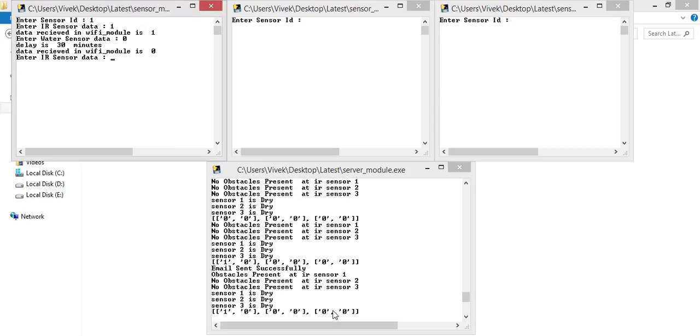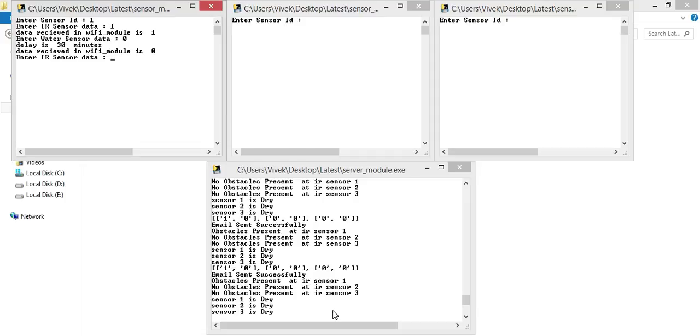One more feature that we have added is that when the water level sensor is above 500, that is in the fully submerged category, the delay is reduced to 5 minutes, that is 5 seconds in this simulation, and you can give your input every 5 seconds. So let's say for sensor ID 2, the IR sensor reads 0 but the water sensor level is 700.